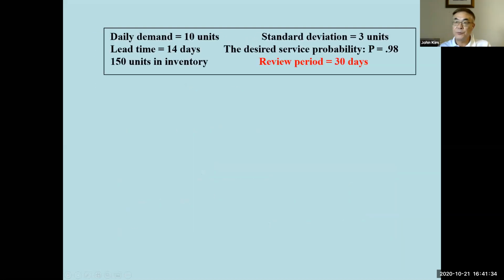So, example: daily demand 10 units, lead time equals 14 days, 150 units in inventory. Standard deviation is 3 units. Desired service probability is 98%. And the review period, the T term, equals 30 days.